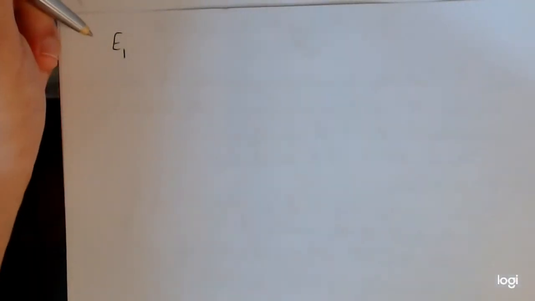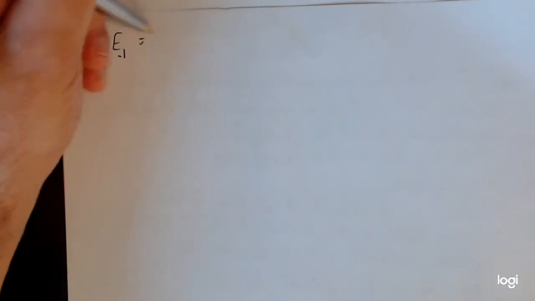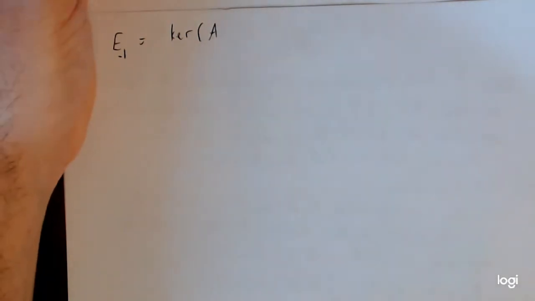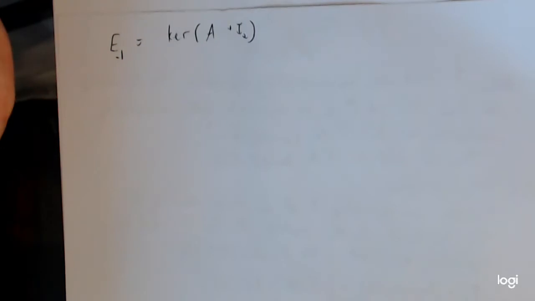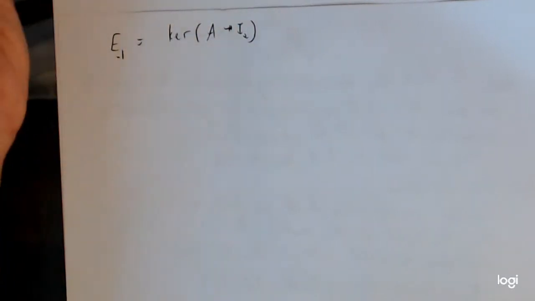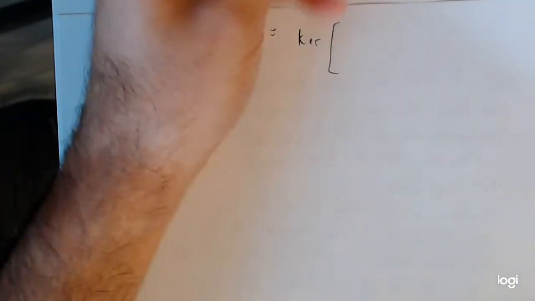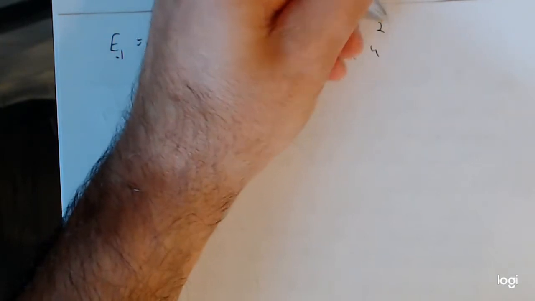So the eigenspace for negative 1 would be the kernel of A plus I sub 2. Now this became plus because obviously my eigenvalue was negative 1. And then what is that? That's equivalent to the kernel of 2, 2, 4, 4, like that.